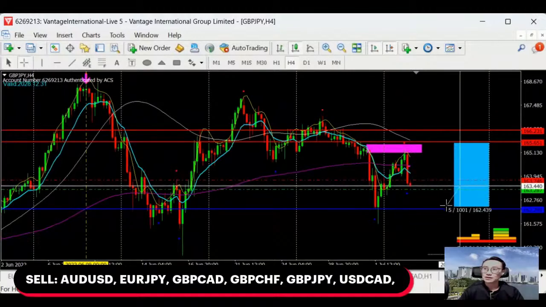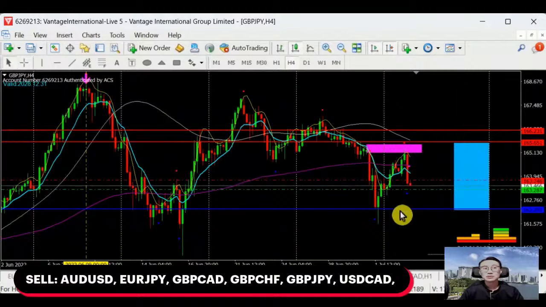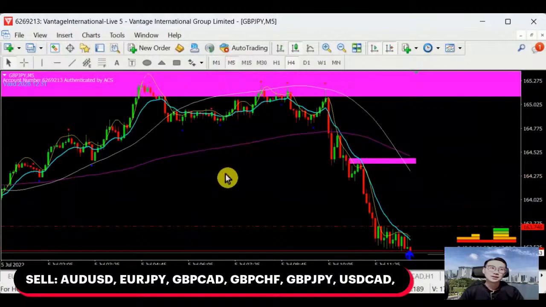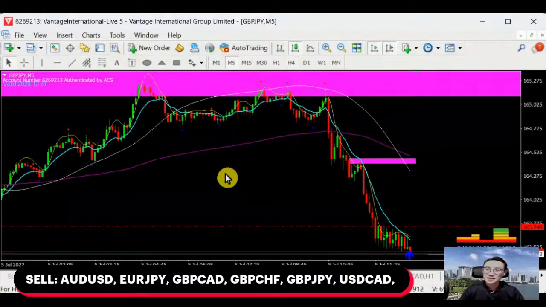We still have quite a fair bit to go, but it may not be today. So just take note. Pound yen, I guess, is quite a good one.